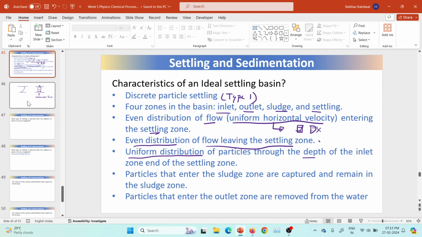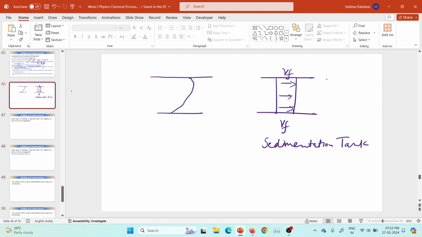So this is for even distribution of flow entering the settling zone. If I point them as 1, 2, 3, 4, 5, 6, 7, this is for number 3.